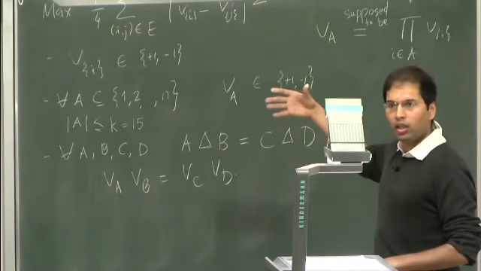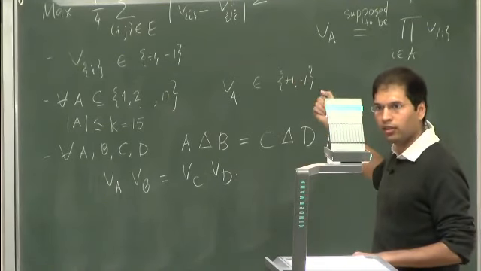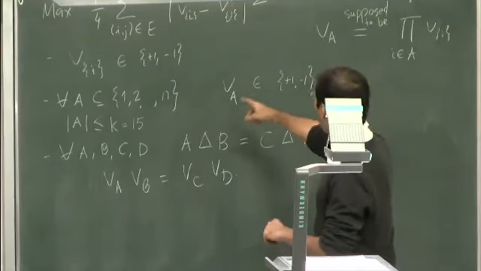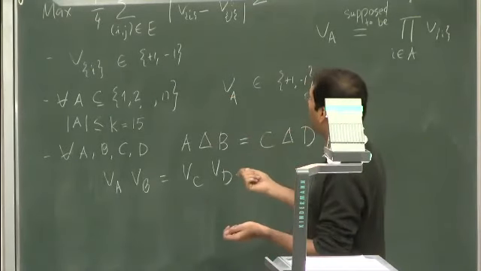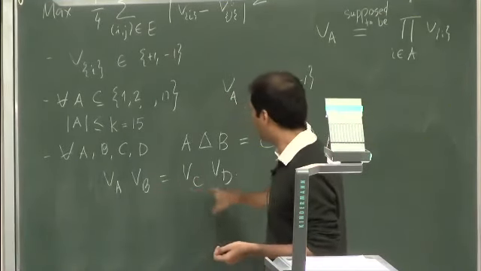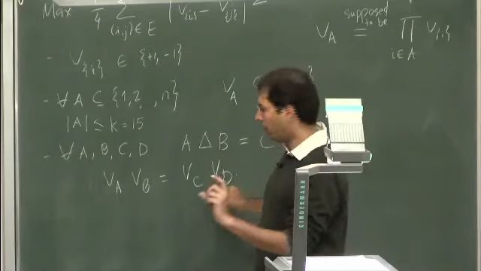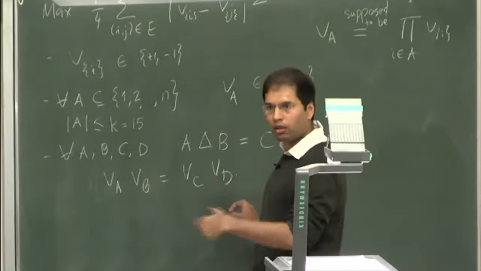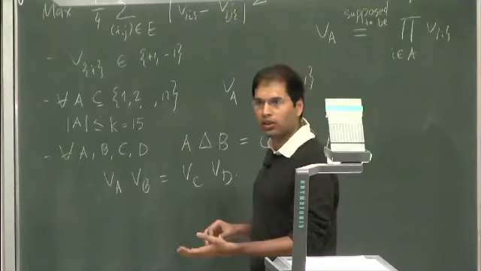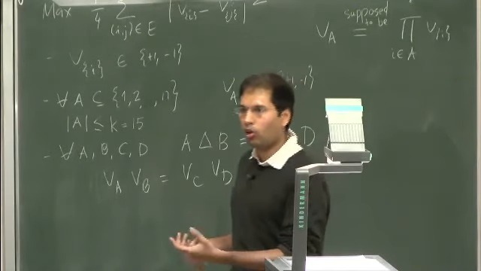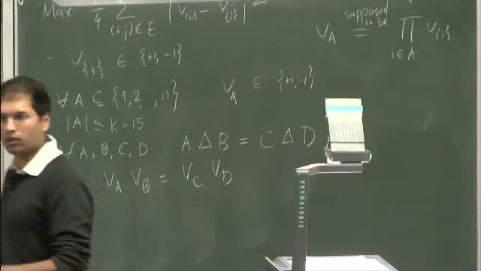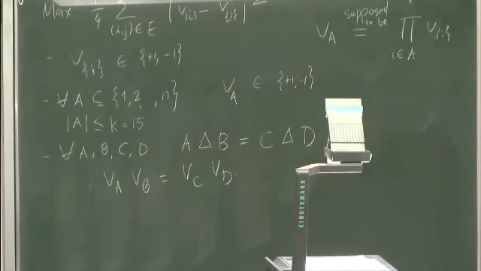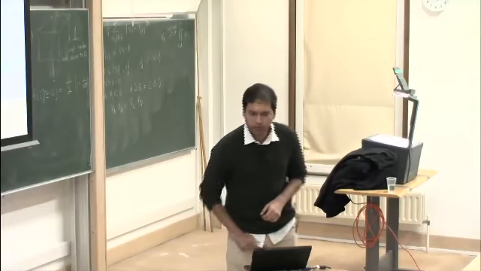Now you can turn this into a semi-definite program, because if I think of all these v_A's as vectors, this last condition is a linear condition on pairwise inner products of vectors, and those are precisely the constraints that can be added to an SDP. Linear constraints on pairwise dot products of vectors. So that will give you this new SDP.